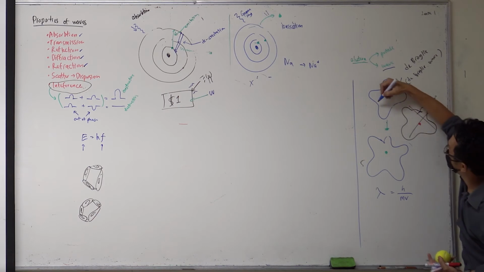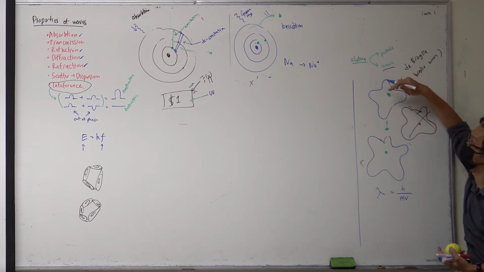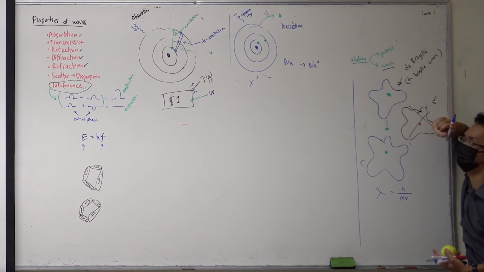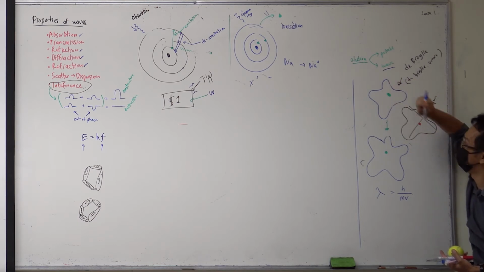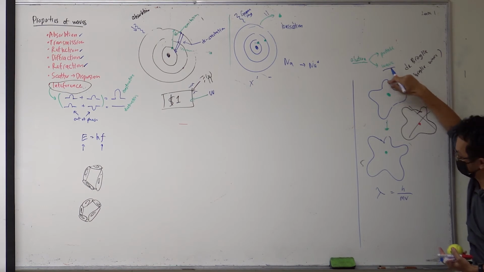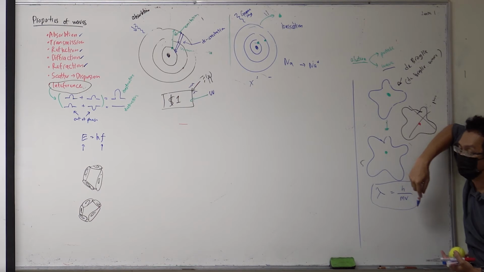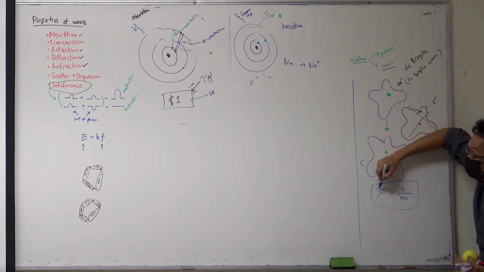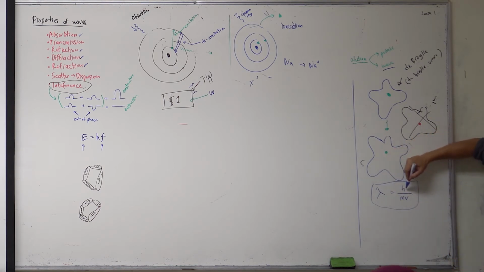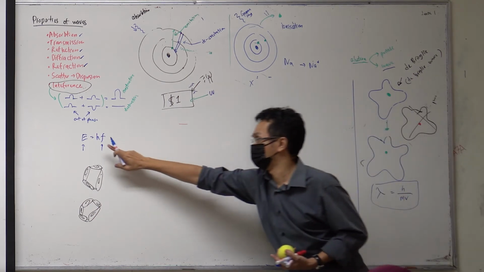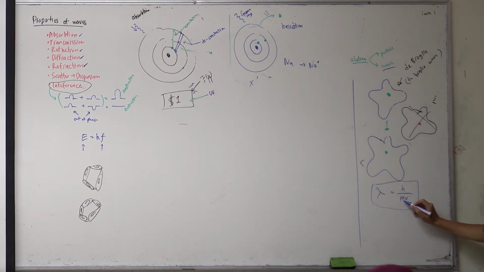In order to use this for the electron microscope, they need to know how big the wave itself is. So the formula they use is this. You don't need to know how to derive it, but this is the formula. This is the wavelength, this is the Planck constant, which we learned in the last class, and this is the momentum.